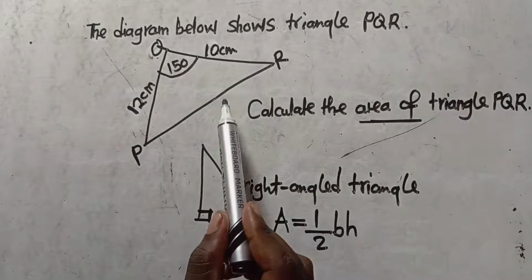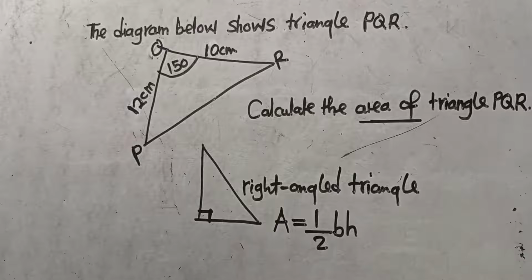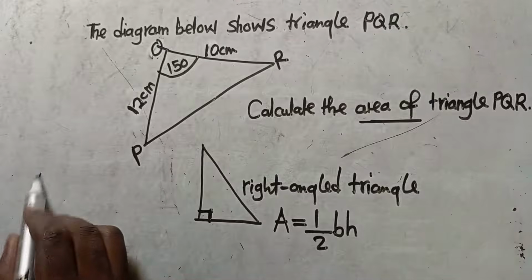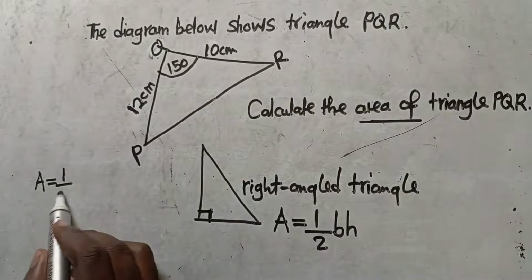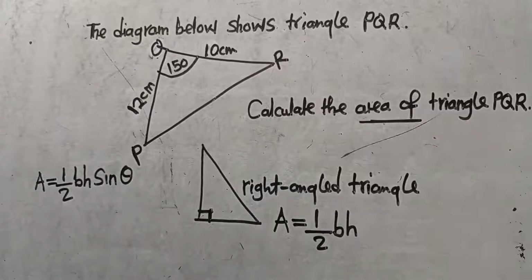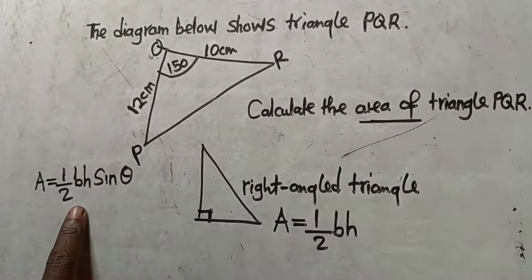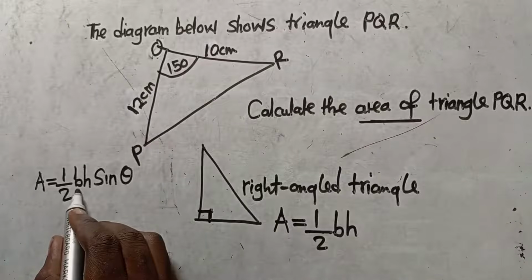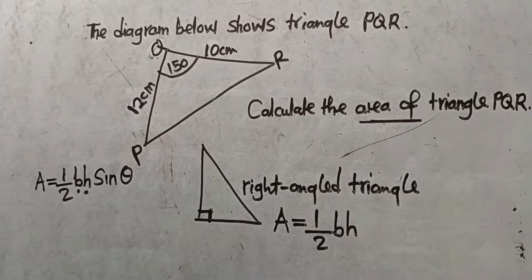But this one is a non-right-angled triangle. There is a formula that we get to use apart from this one. So the formula for a non-right-angled triangle, as long as we are not able to see that 90, we say area is equal to half BH sine theta. This is the formula we use for the area of any triangle that is not right-angled, where B and H are the two sides that are putting the angle in the middle.